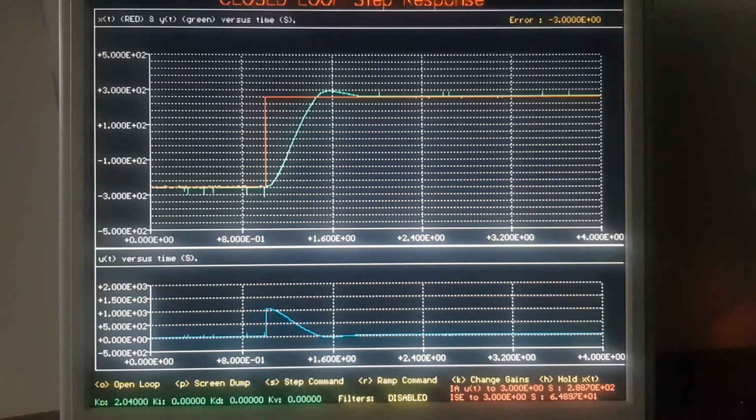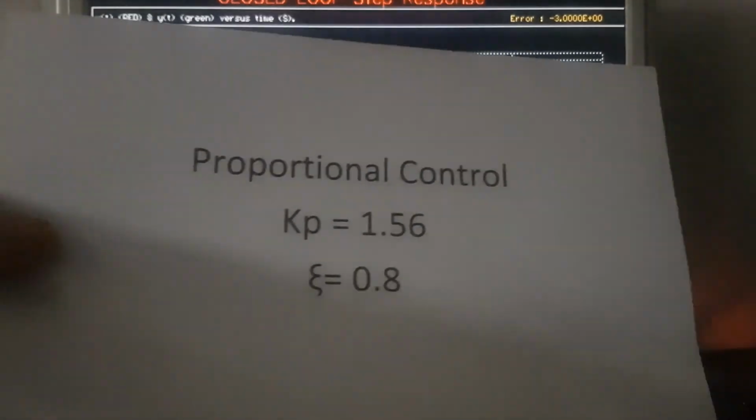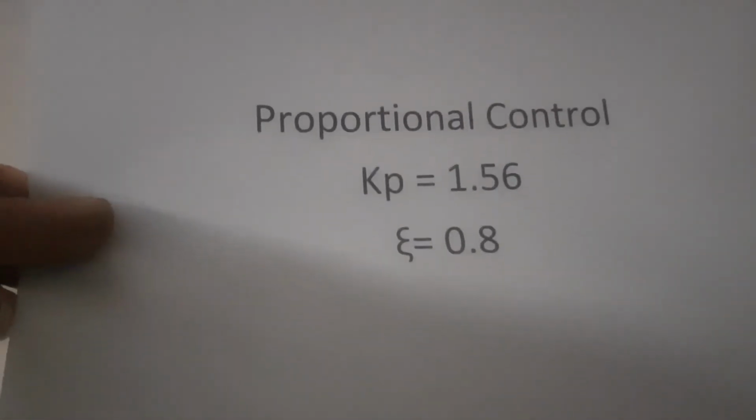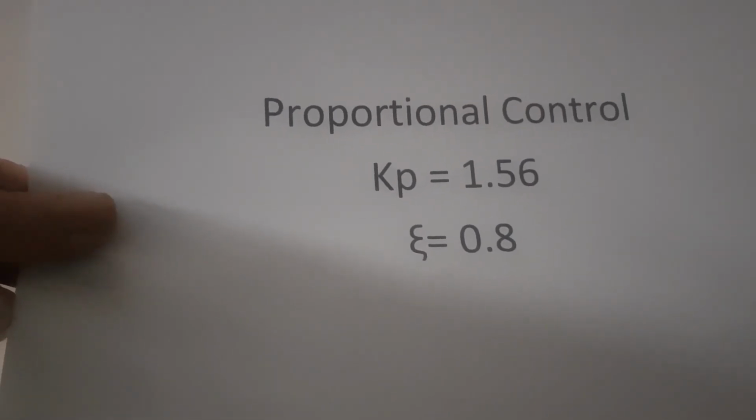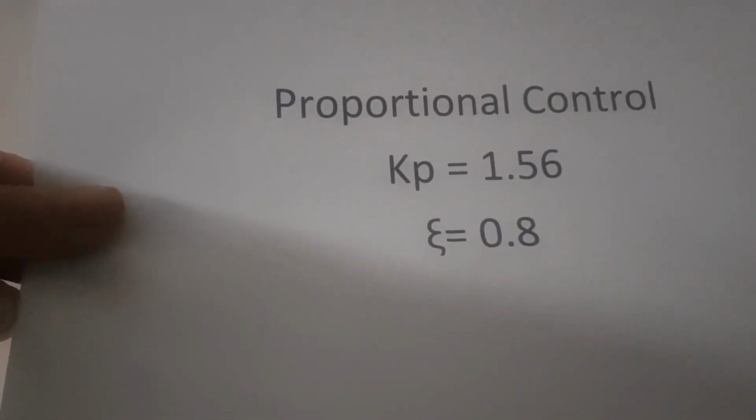The next one we're going to do is proportional control. This time Kp is 1.56 and the damping ratio is 0.8.